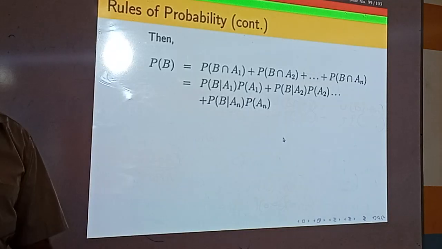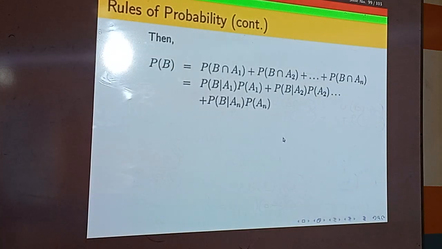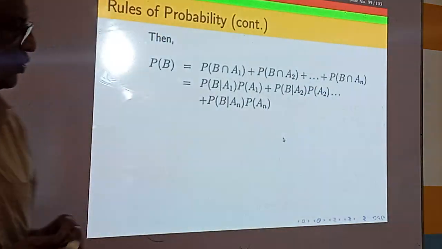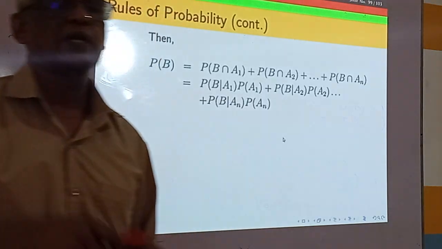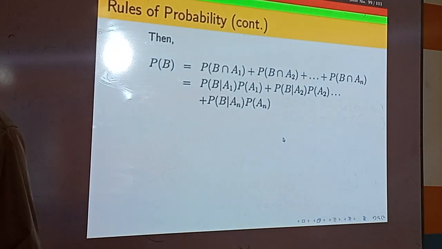So you need to know the probability of individual A1 up to An, which are mutually exclusive and exhaustive events. In addition to that, you have to know the conditional probability of B given each A1 up to An.